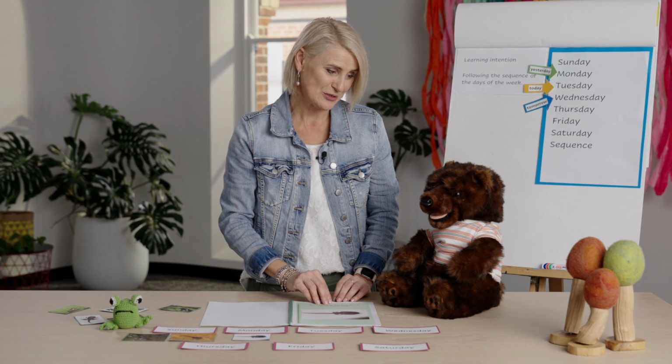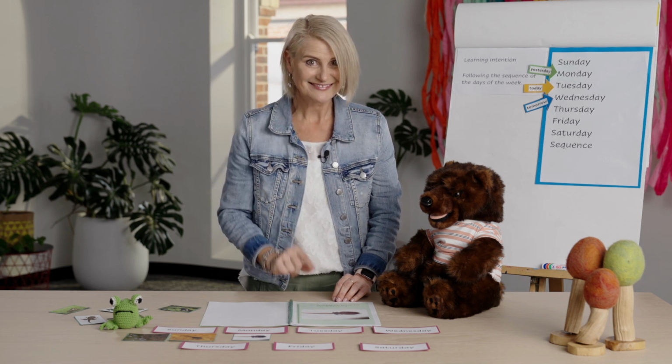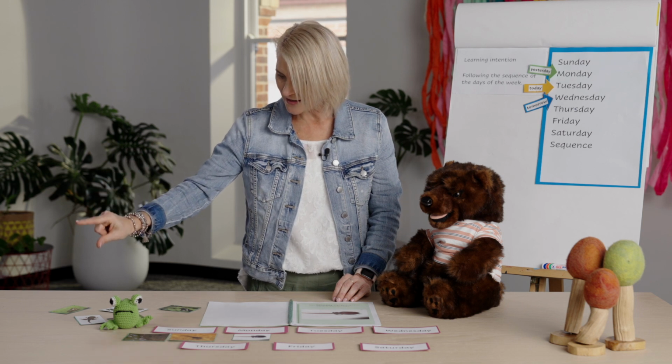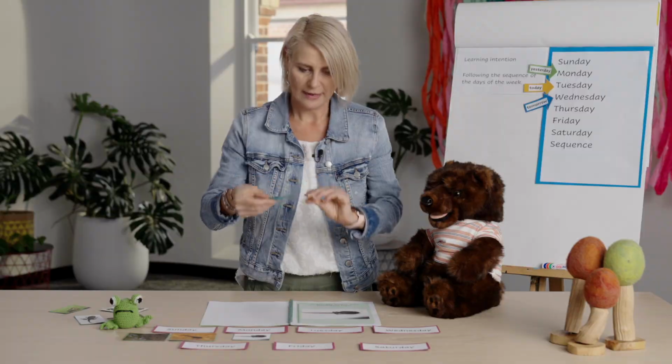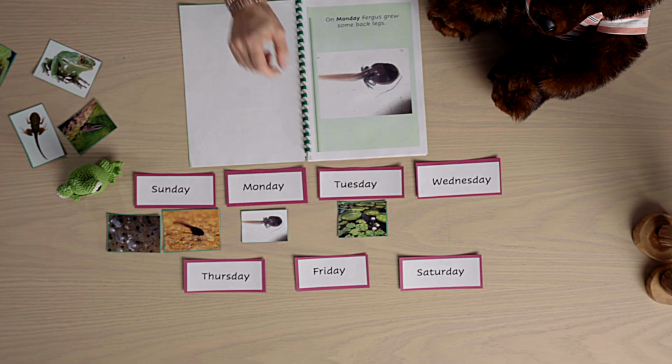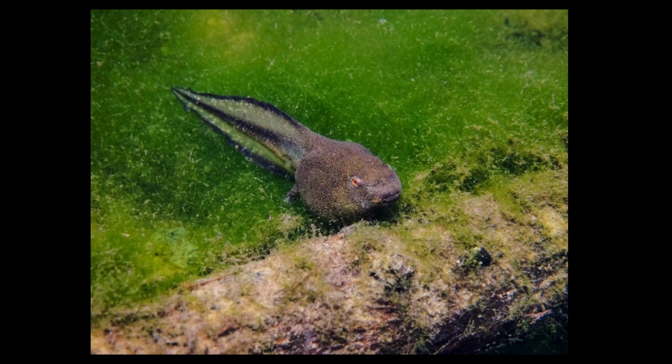What's going to happen on Tuesday, Baby Bear? I wonder if you know. Can you remember? Let's see. I think that's when he went swimming under the lily pads. Let's check. Oh goodness. On Tuesday, Fergus ate some green plants.